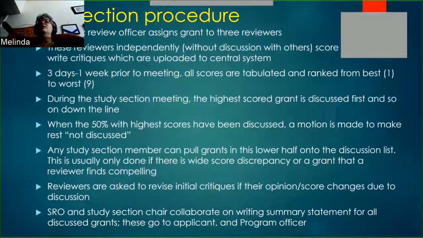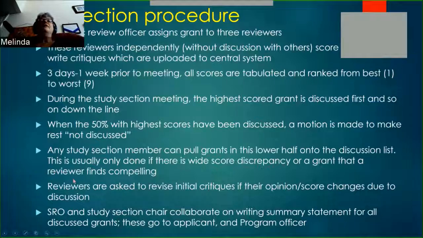And we were essentially all piling on, saying why this grant was so terrible. It wasn't productive. It didn't help the investigator. And there was really no point to it. So that's the reason that not discussed happens: when a grant's not good, it's just really easy to pile on, and it's wasting everybody's time because it's not going to make that grant get funded.